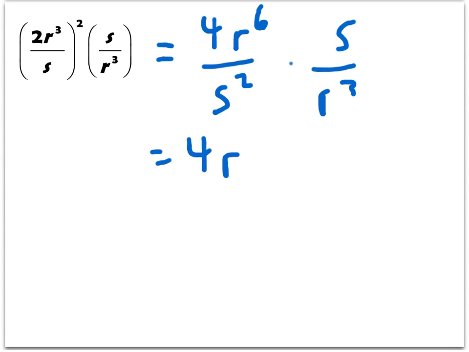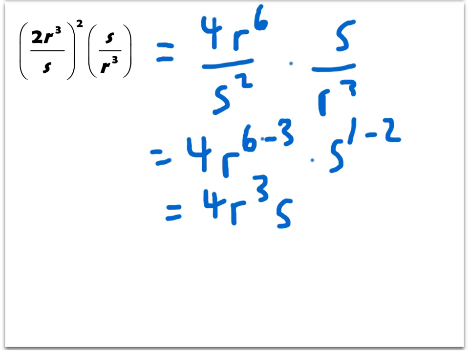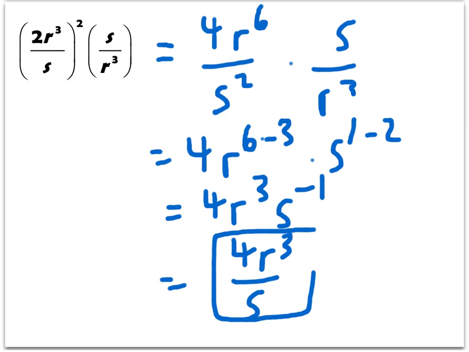We have r to the 6th over r cubed, so r to the 6 minus 3. And then we can take that times s to the 1st power minus 2. So this is 4r cubed times s to the minus 1. Now if we don't like dealing with negative exponents, we can write this as 4r cubed over s.